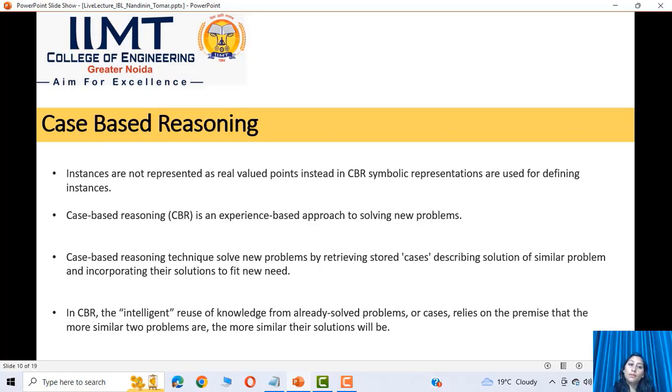Now the machine uses these solved cases to solve a case with no solution. So case-based reasoning is an experience-based approach for solving a new problem. Case-based reasoning techniques solve a new problem by retrieving stored cases describing solutions of similar problems, and incorporating their solution to fit new needs.